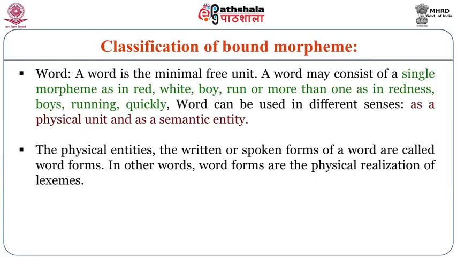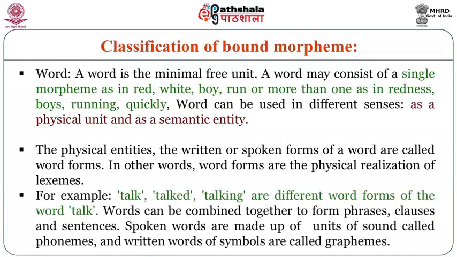In other words, word forms are the physical realization of lexemes. For example, talk, talked, talking are different word forms of the word talk. Words can be combined together to form phrases, clauses, and sentences. Spoken words are made up of units of sound called phonemes and written words of symbols called graphemes.